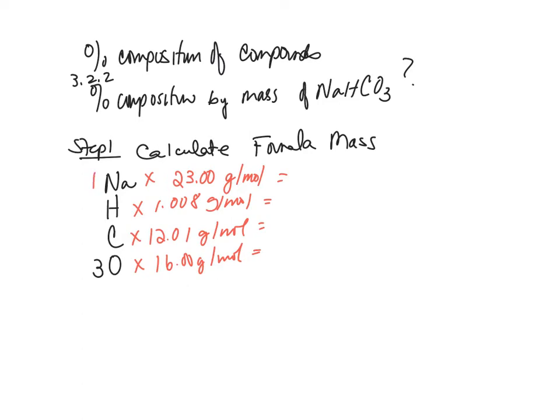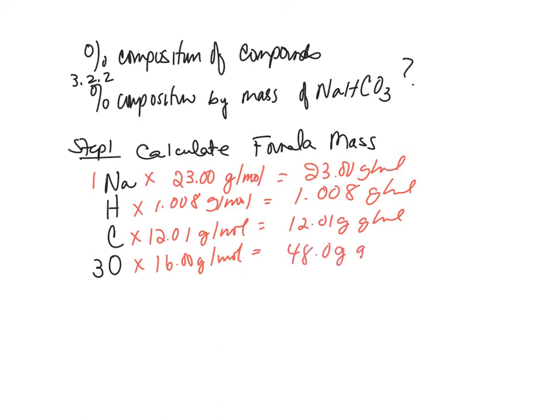And so these are 1 times 23, 1 times 1.008, 1 times 12.01, and then 3 times 16 is 48 grams per mole.